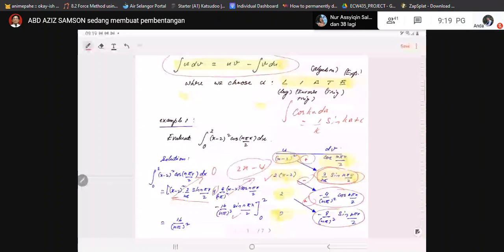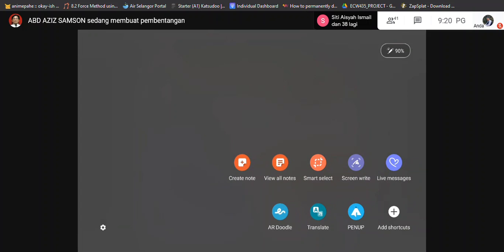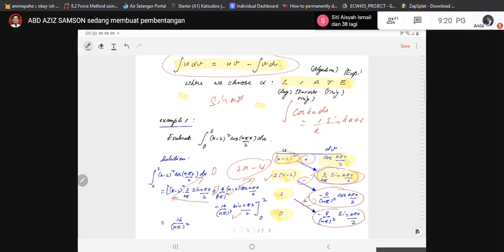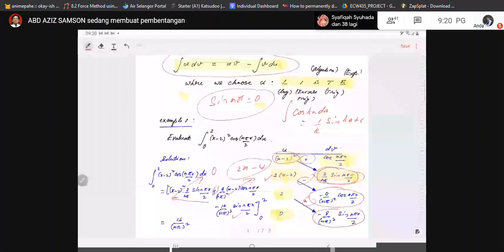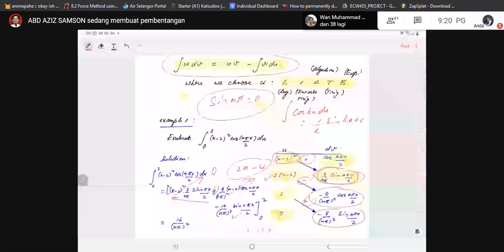That one is also 0, and that leaves you with just 16 sine n pi, but at the same time, sine n pi is equal to 0. You should realize that sine n pi is equal to 0. So when you substitute x equals 2, everything is 0.